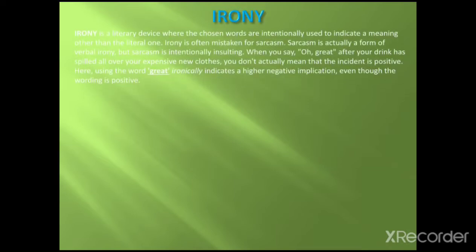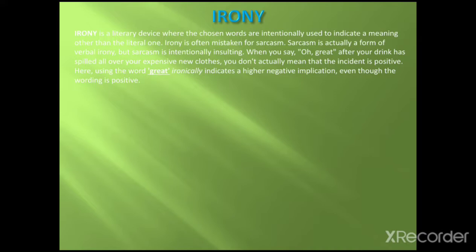Irony. Irony is a literary device where the chosen words are intentionally used to indicate a meaning other than the literal one. Irony is often mistaken for sarcasm. Sarcasm is actually a form of verbal irony, but sarcasm is intentionally insulting.